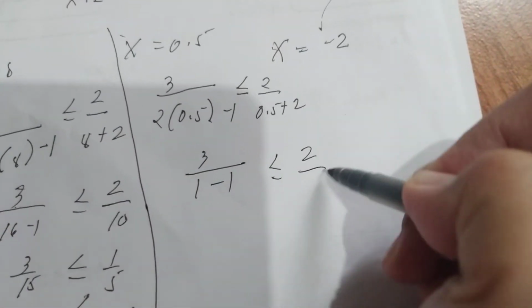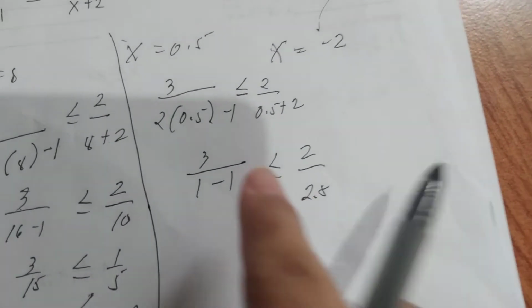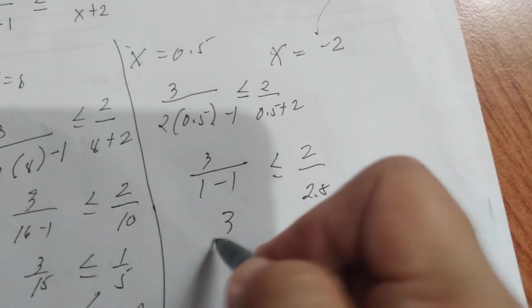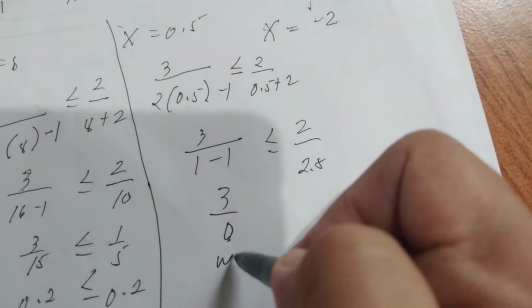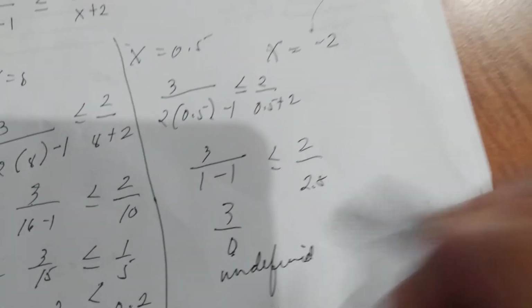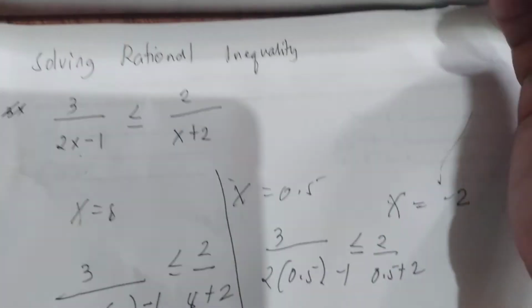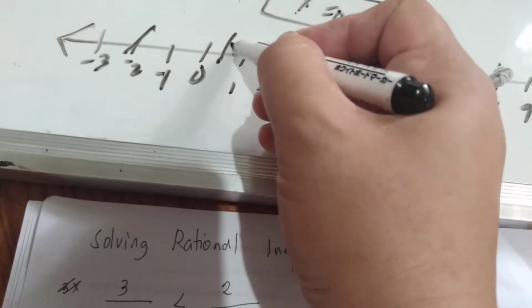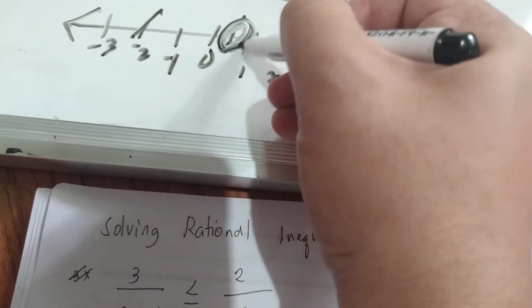Minus 1 is less than or equal to 2 over 2.5. Now, kung titignan natin yung left side natin, that will be 3 over 0. Alam natin na kapag denominator ay 0, this will be undefined. So, kung undefined yan, hindi natin makukuha yung value natin. So, meaning, kapag ang x ay 0.5, 0.5 is not included. So, this will be an empty circle. So, hindi siya shaded. Okay?